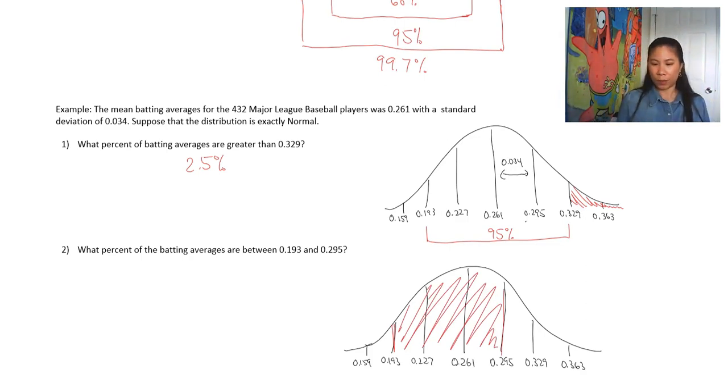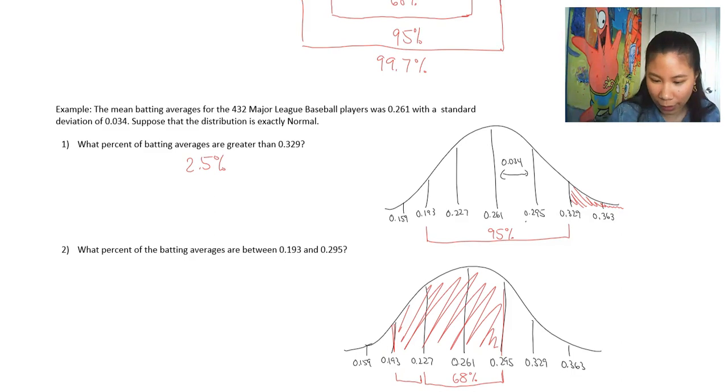Okay, well, let's see. So I know the 0.295 is 1 standard deviation away from the mean. So we know, according to the empirical rule, 1 standard deviation away is 68%. So I know most of it now. I just need this leftover area right here on the left.